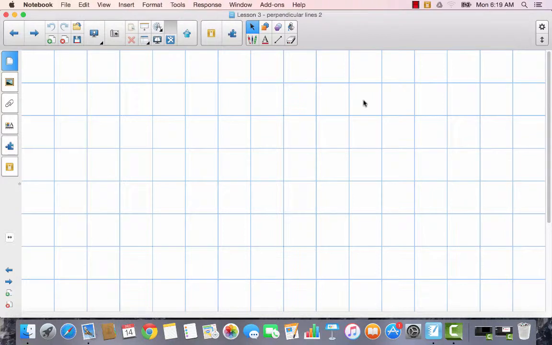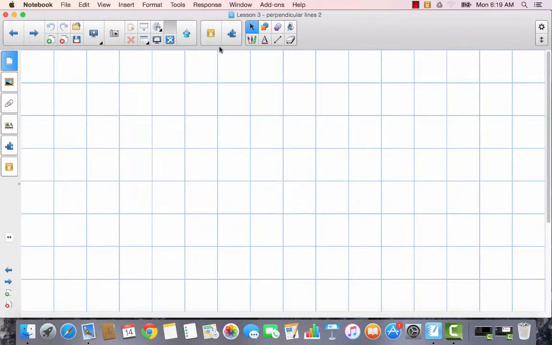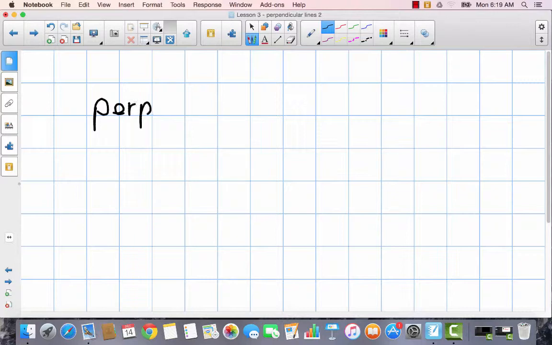Now, in your journal, I want you to take your pencil, and very carefully write the word perpendicular. Make sure that you spell it correctly. It's going to be right here on the computer screen, so there's no reason for you not to be able to spell it correctly, okay? So I want you to write perpendicular, just like it sounds.